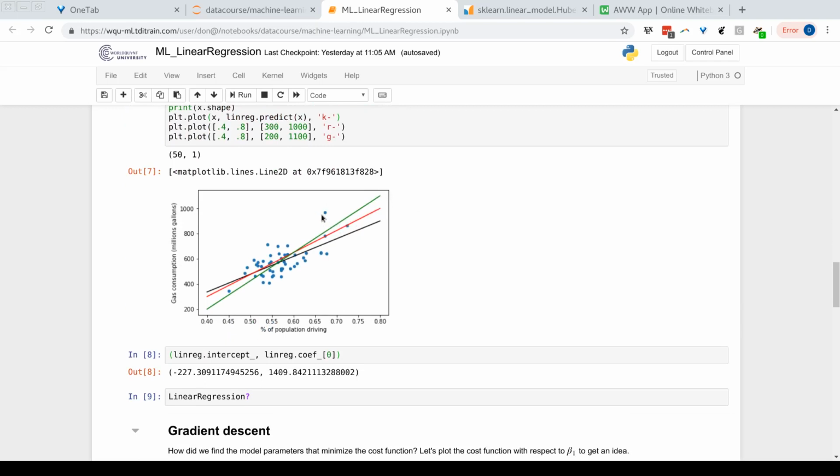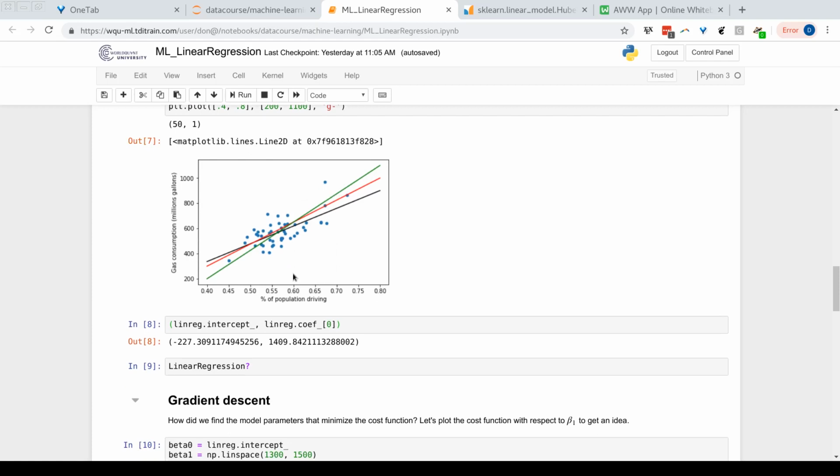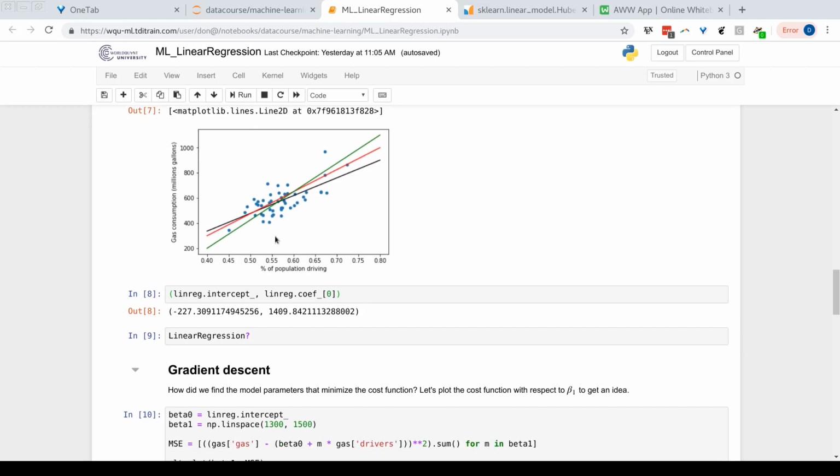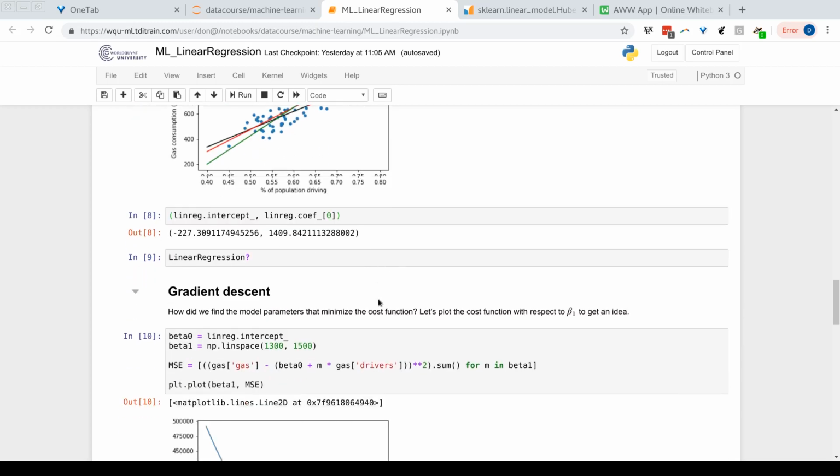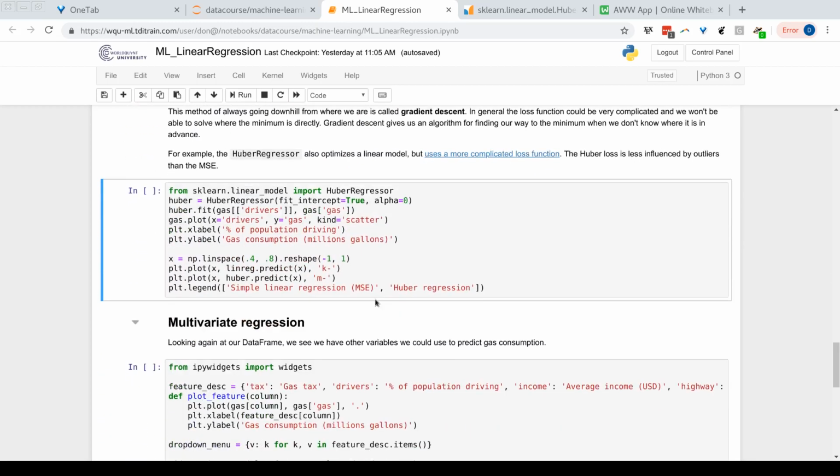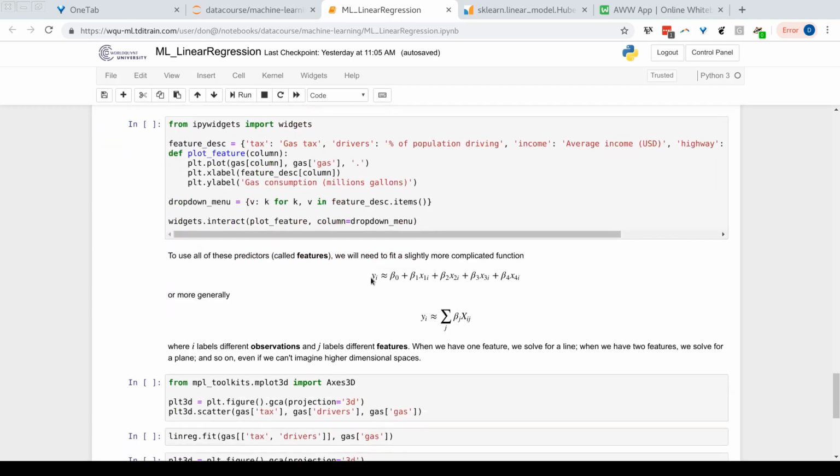So there's a big penalty for this point, especially considering the black line. And those outliers are going to influence the slope for our model because there's a large penalty. It will push the line closer to that outlier point at the cost of better fitting other points in our data set. So it has a greater influence because of that square penalty.